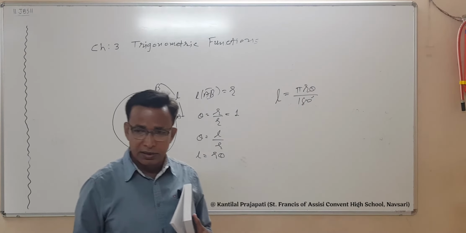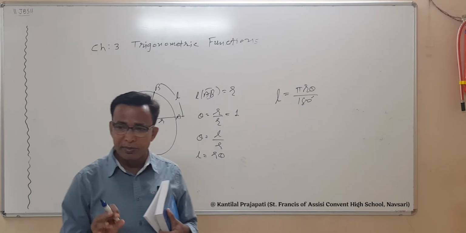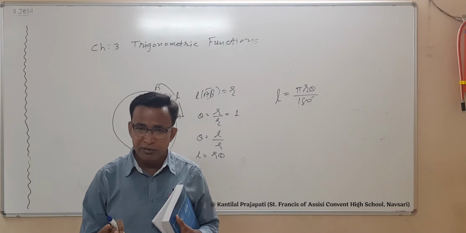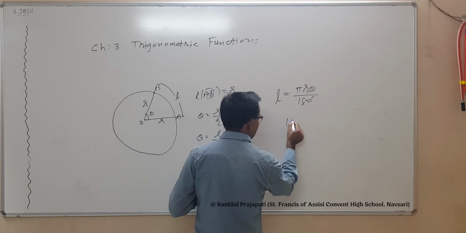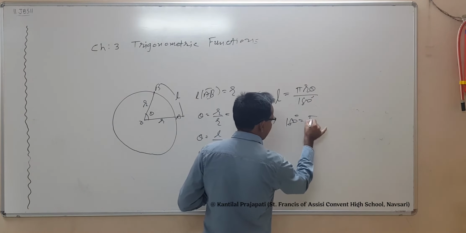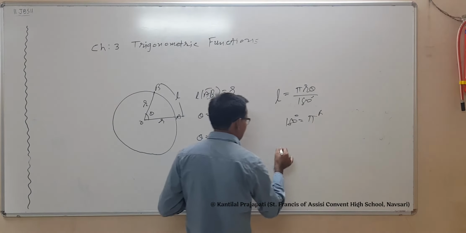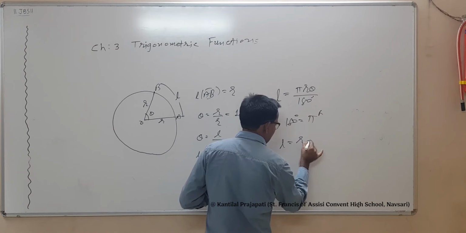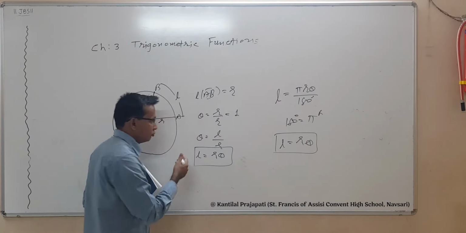We have learned this before. That is the relation between degree measure and radian measure: 180 degree is equal to pi radian. So we cancel this, and therefore L is equal to r theta. Both are the same.